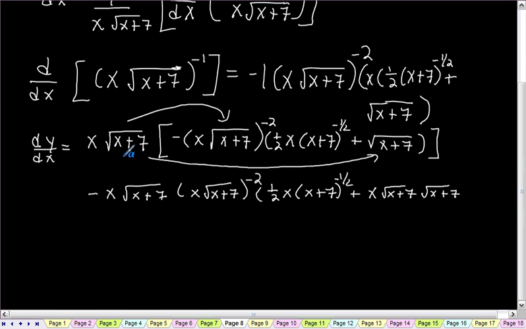I took this outside, multiplied times that, and that's what I got.